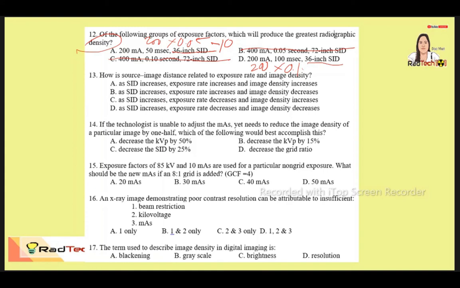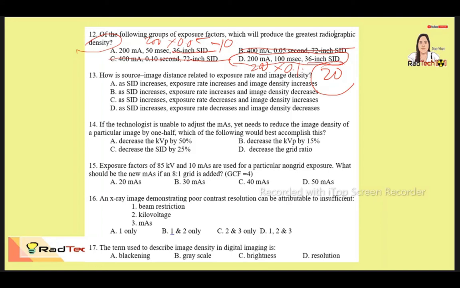And 200 times 0.1, that is 20. So, ito yung pinakamataas na MAS. So, therefore, this is the correct answer. So, the higher the MAS, the greater the density. And at the same time, tingnan rin natin yung ating SID. Mas malapit yung ating tube sa ating IR, so mas increased ang density. Okay, so letter D.